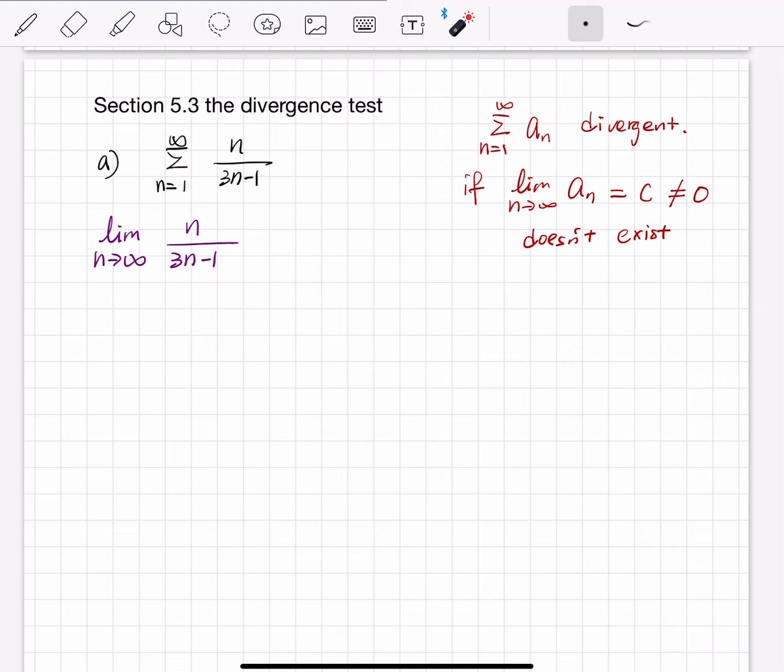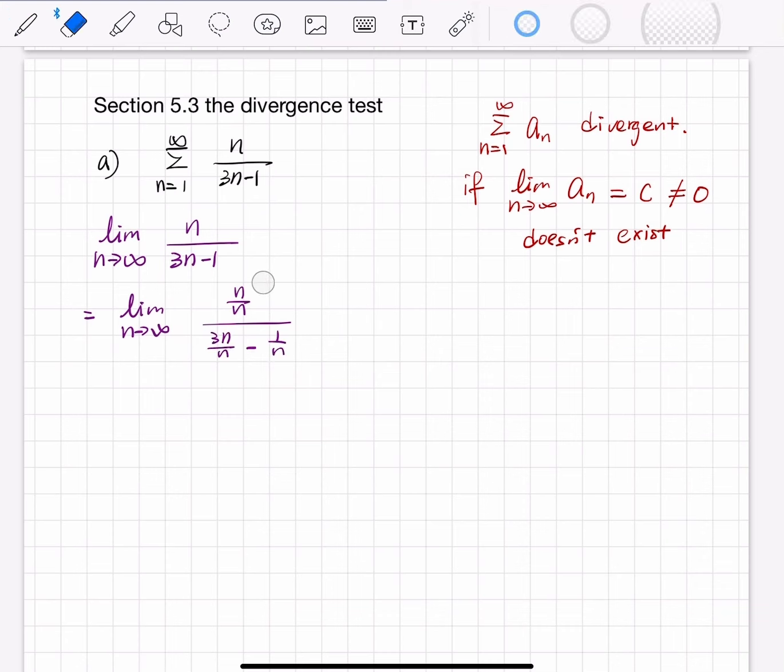There are a couple of ways you can do this. Normally, I like to do the algebra version, which means I will divide every single term by n. When I divide every single term by n, I get n over n, 3n over n, minus 1 over n.